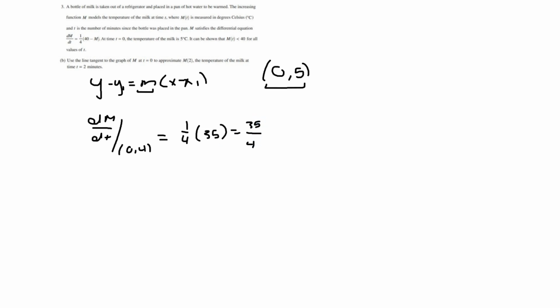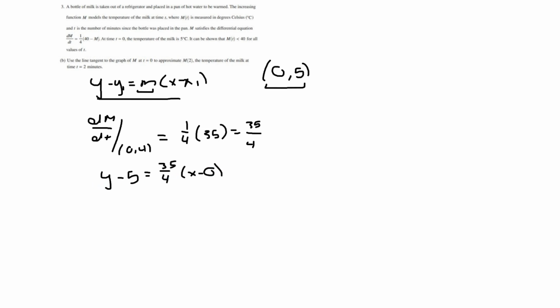So that equals 35/4, right? And then what we would do is plug that into the equation. We weren't given it, right? So you would write y minus 5 equals 35/4 times x minus 0. And be careful, it's not y and x.